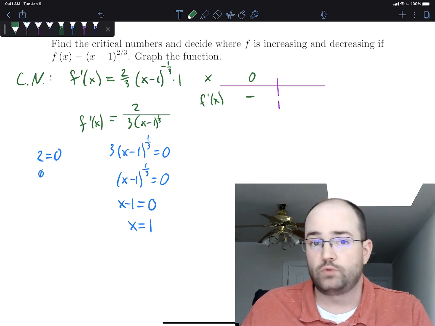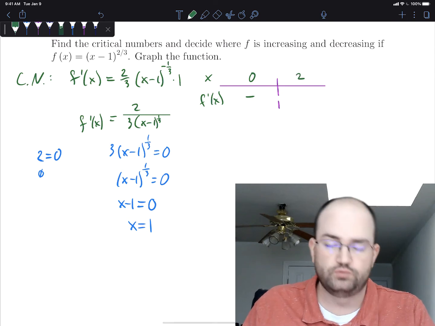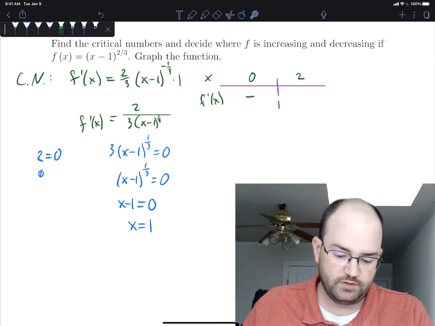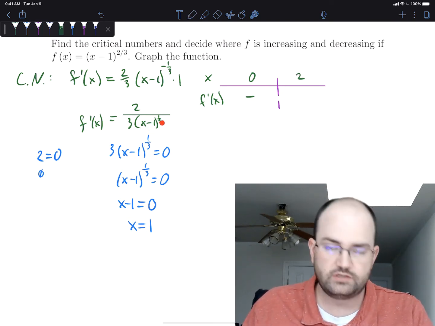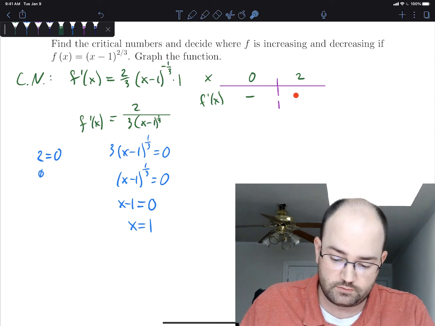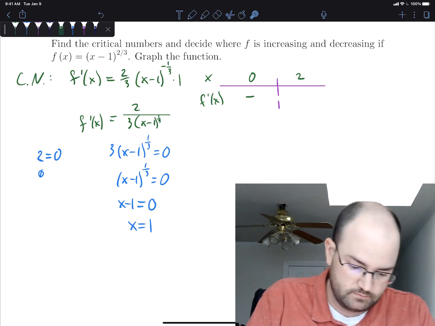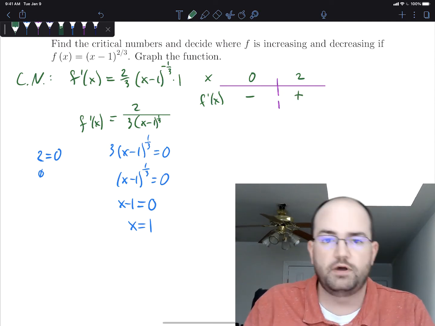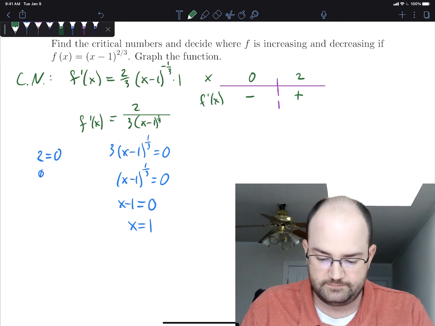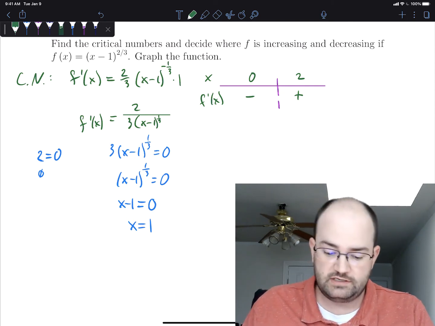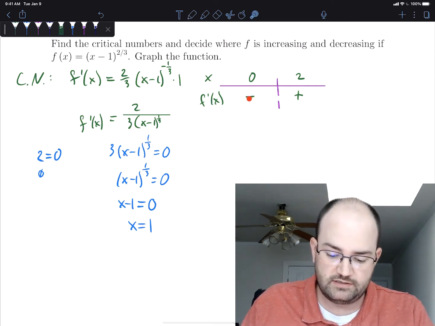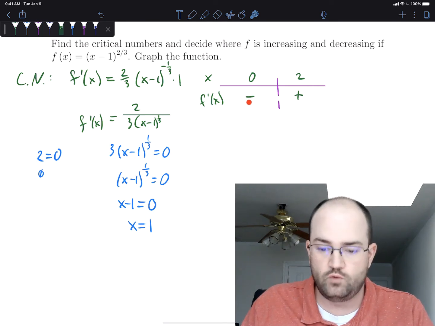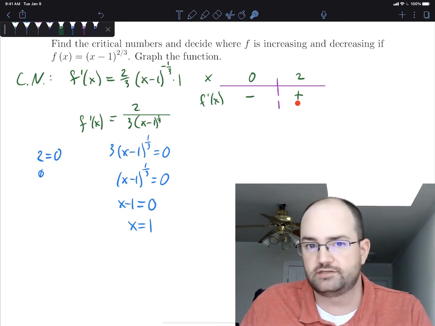Now, I need a number to the right of 1. Well, how about 2? Notice if you plug in 2, 2 minus 1 is 1, 1 to the 1/3 power is 1, 3 times 1 is 3, 2 over 3 is just 2/3, and it's positive. Excellent. Now the important thing is that this function is decreasing because the derivative is negative to the left of 1, and it's increasing because the derivative is positive to the right of 1.